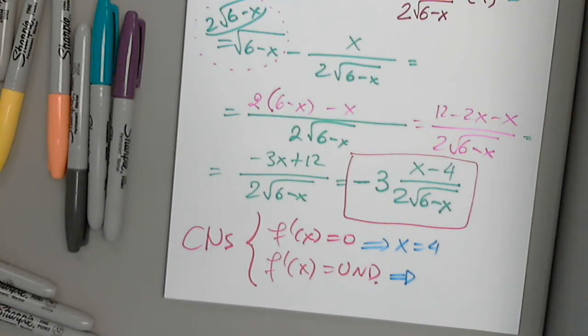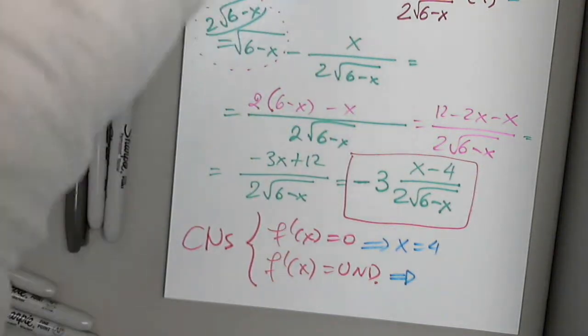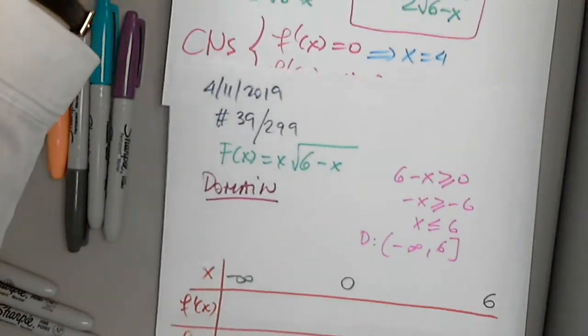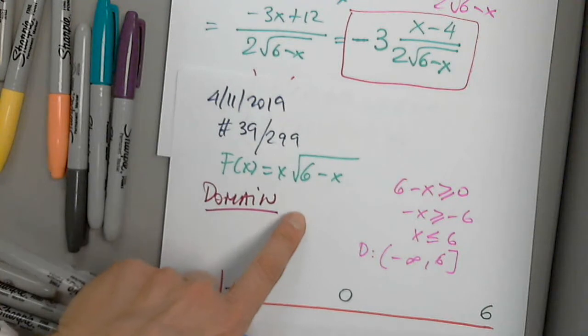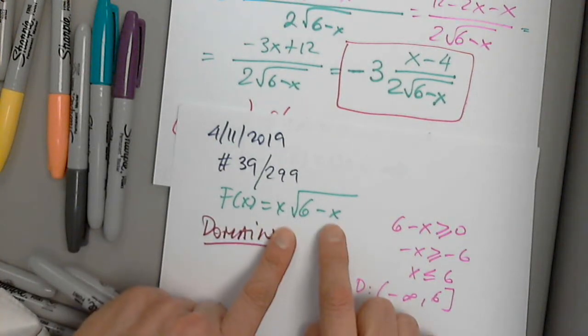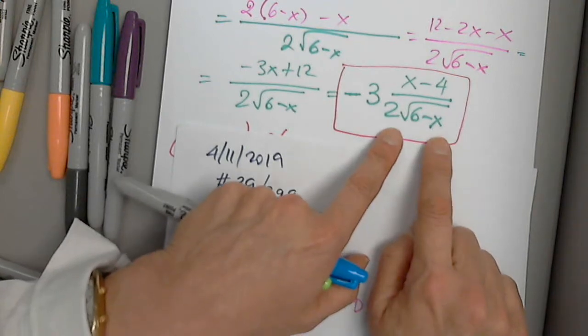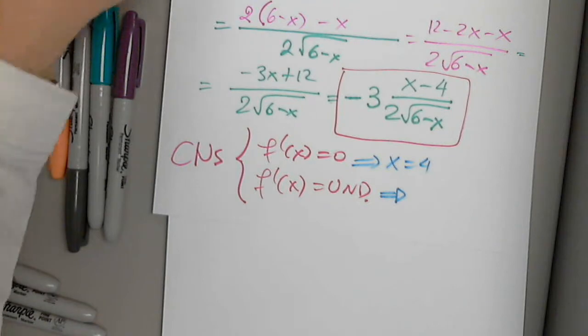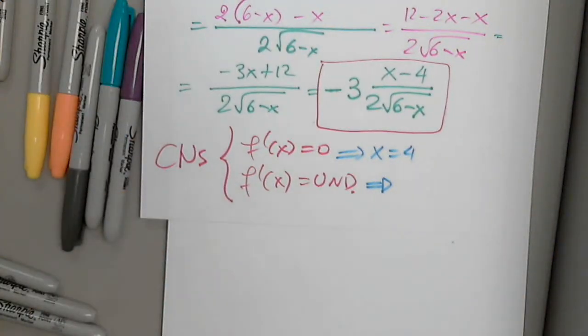So let's look at this as well as the original function. This was the original function. So x equals 6, do you agree? This function is defined at x equals 6. But is this function defined at x equals 6? No. Very good. So then, x equals 6.